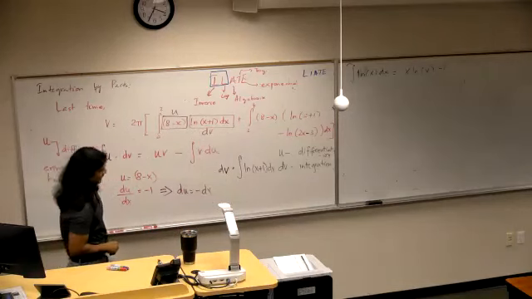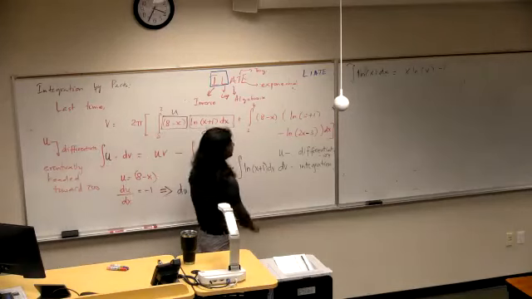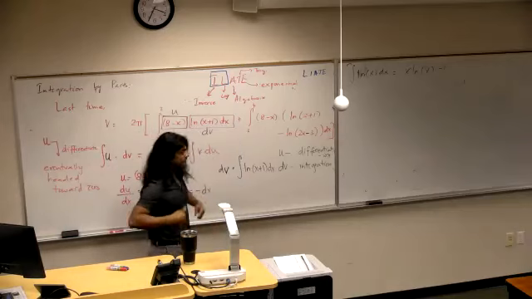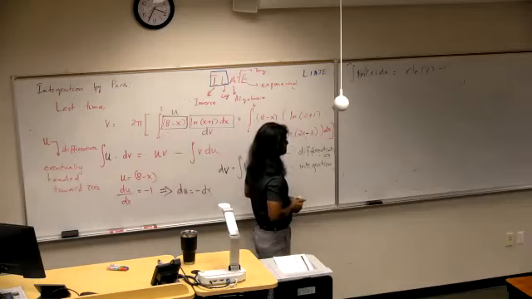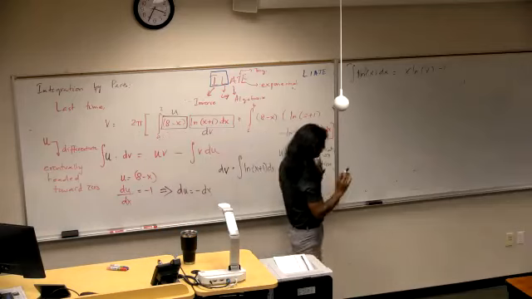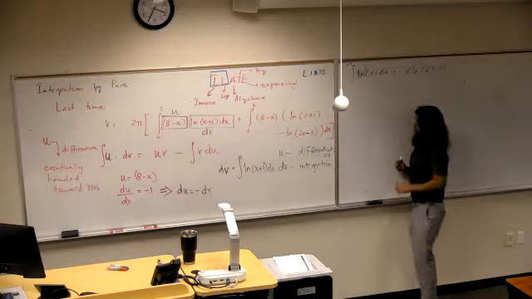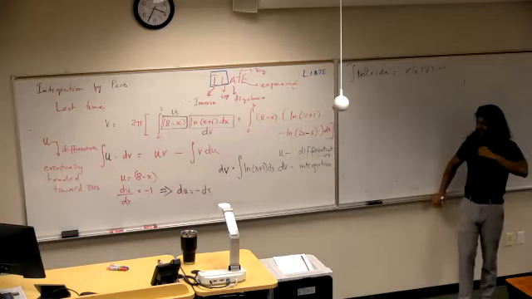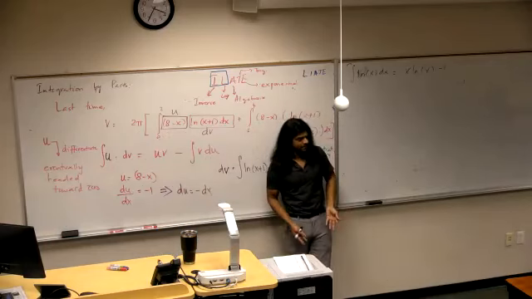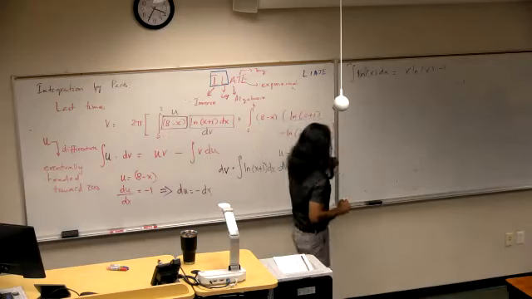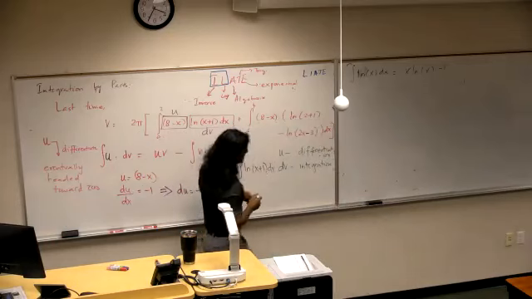Using the same logic, here it is a simple u substitution. I don't want to confuse, I'll leave it as is. So u substitution in this case, if you pick u to be x plus 1, du would be dx. That will go back to what Xavier said.